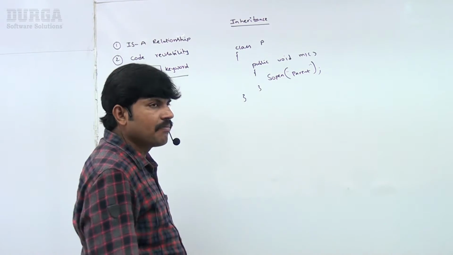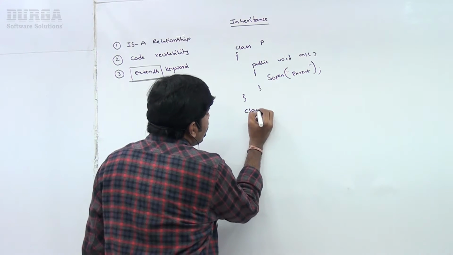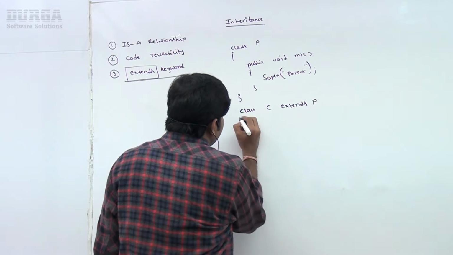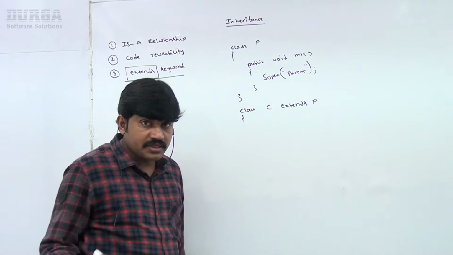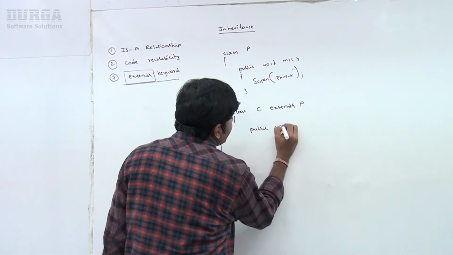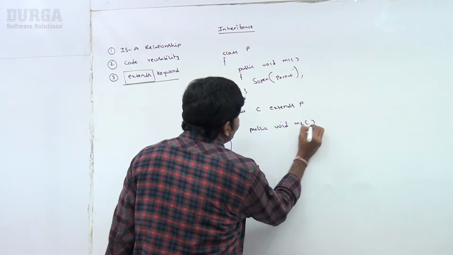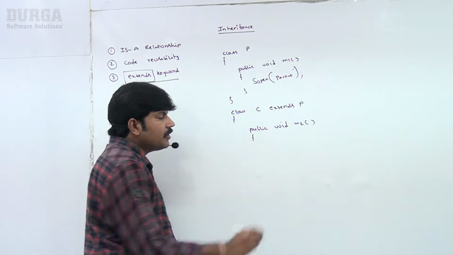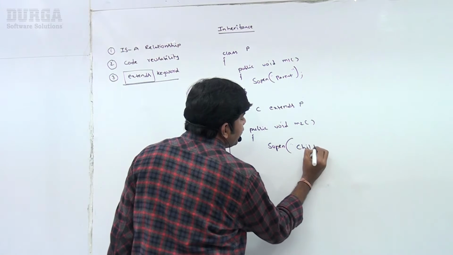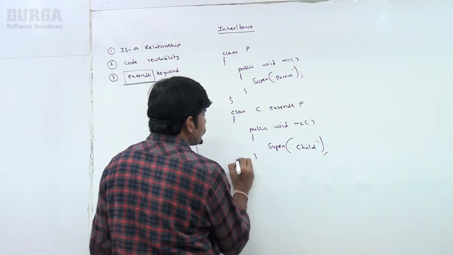Now, class C extends P. Class C extends P, okay. Public void m2 method, System.out.println, child, like this I am taking.